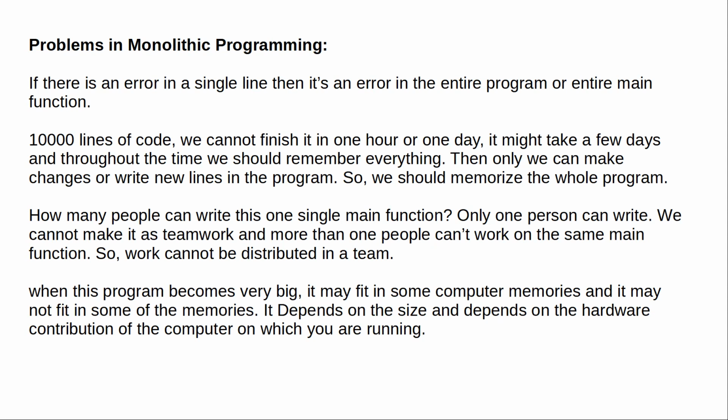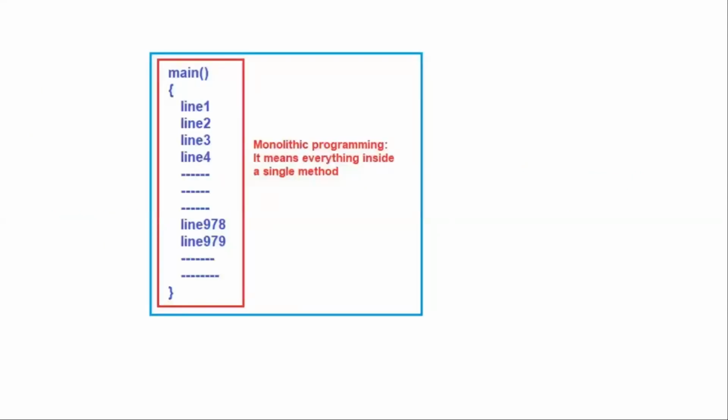So if you keep everything in the main program, all those variables will be available in the main memory until the program completes. Why? Because I am writing everything in one program, so everything has to be loaded into the main memory, and until the method is completed, those variables will continue to reside in the primary memory.